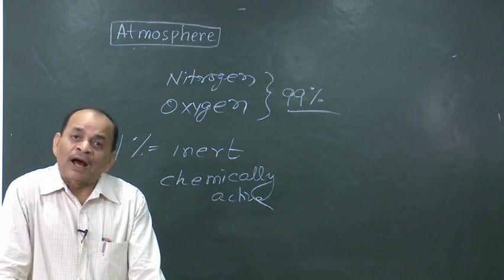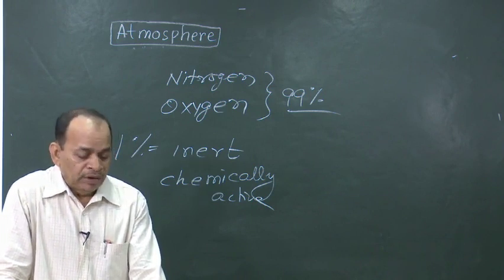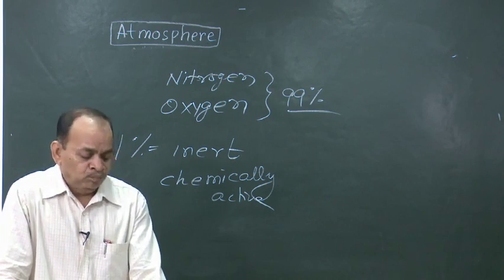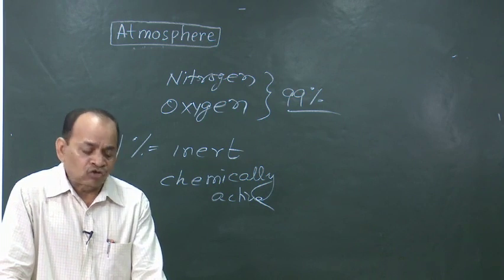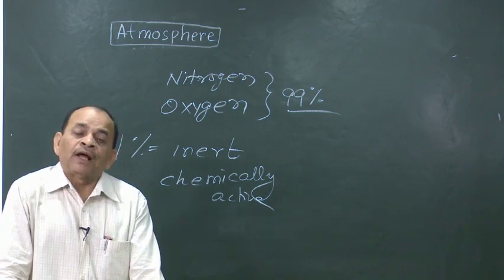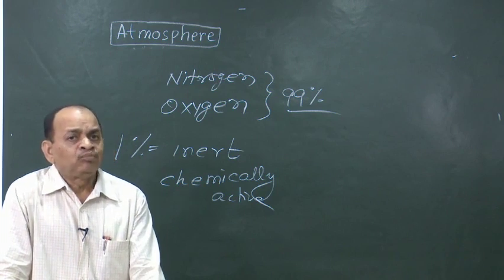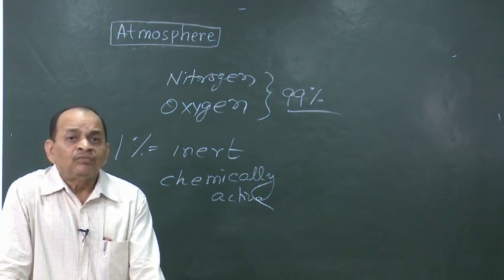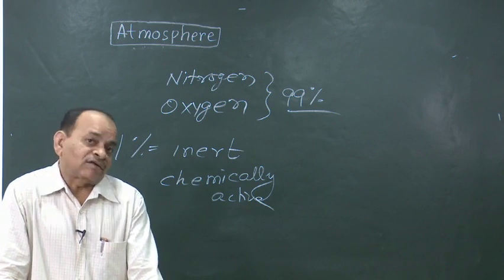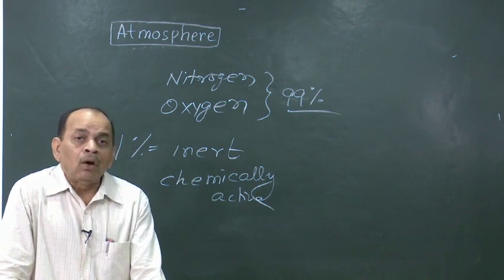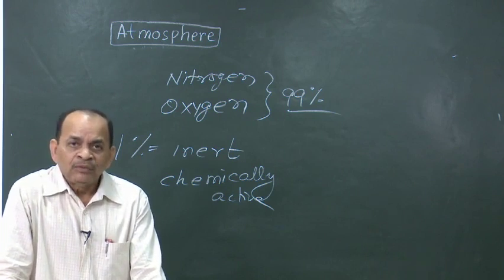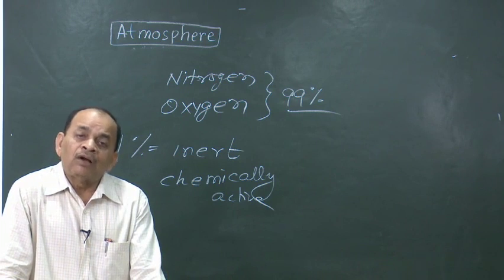Examples are carbon dioxide, H2O (water), methane CH4, sulfur dioxide SO2, O3 (ozone), etc. These are chemically active, so they have a shorter lifetime, but inert gases last for a longer period.